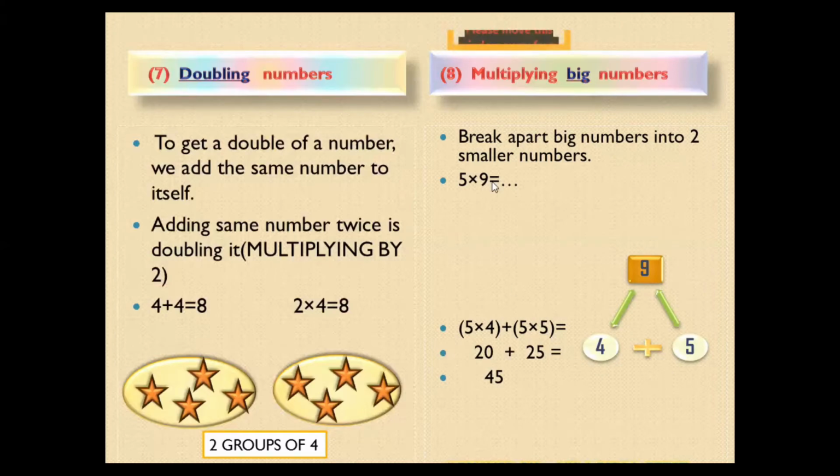So we break number 9 into two numbers, 4 and 5, and then multiply 5 by 4 and 5 by 5 to make it easier to solve. We know the product of 5 by 4 is 20, and the product of 5 by 5 is 25. So 20 plus 25 equals 45.